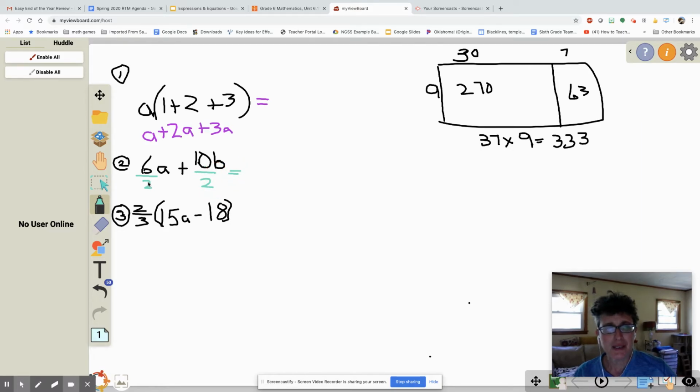And I can say that 6 is going to be 3A plus 5B when I divided them. But the original equation really was, it's going to equal 2 times (3A plus 5B).